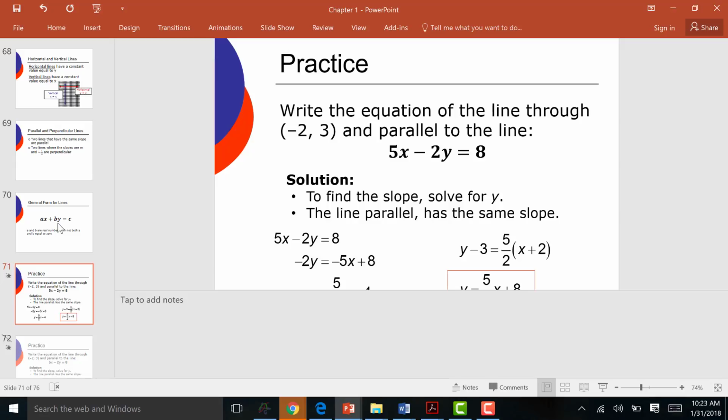Tell me what they gave you. A point and a general equation. So type 3, you're given a point and an equation.